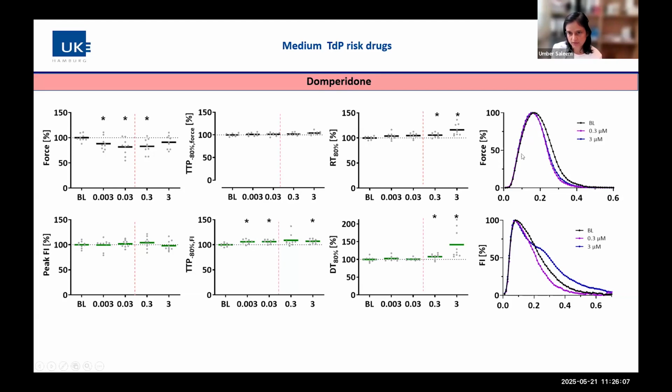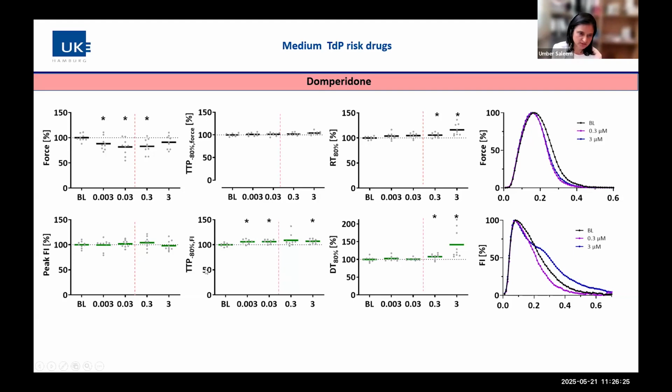And here also we do not see prolongation of relaxation time in terms of average peak due to the fact that it is not normalized to vehicle control. Domperidone did not show any effect on peak fluorescence intensity.